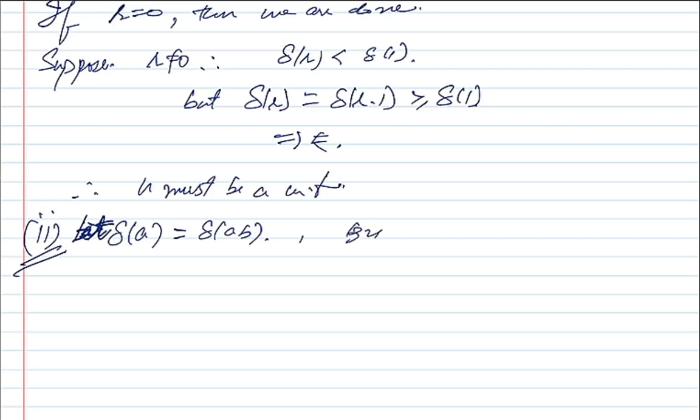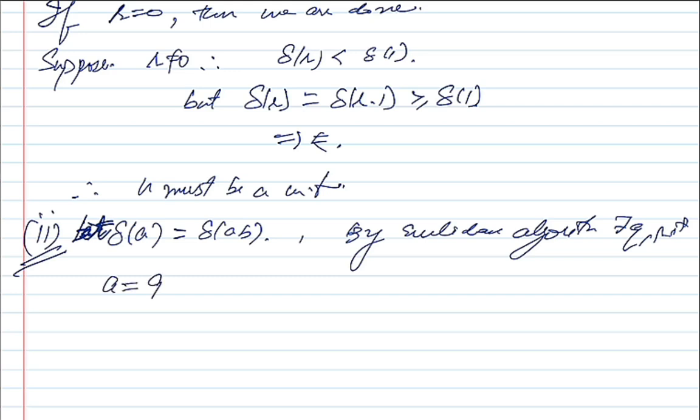Now by the Euclidean algorithm, there exist q and r such that A can be written as q times AB plus r, such that r is 0 or delta r is less than delta of AB.